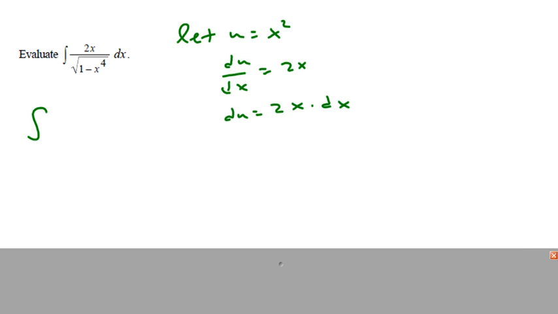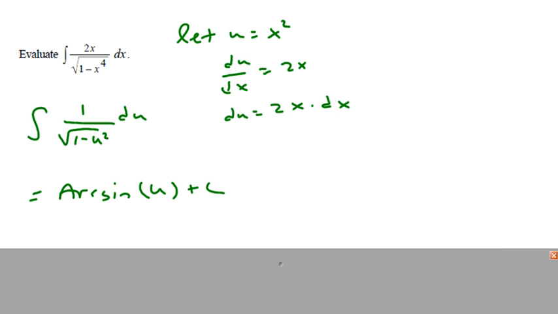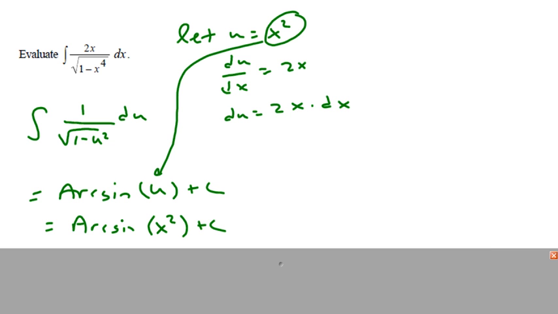So we can rewrite this as 1 du over square root of 1 minus u squared. Well, this equals arc sine of u plus c. And now we just substitute our value in, and we get arc sine of x squared plus c.